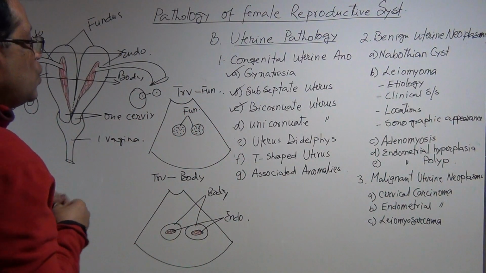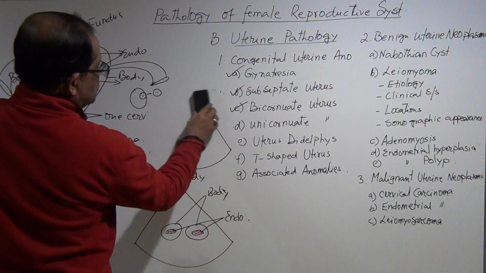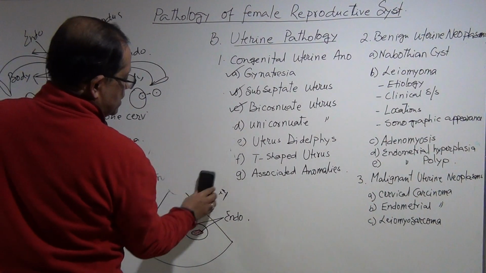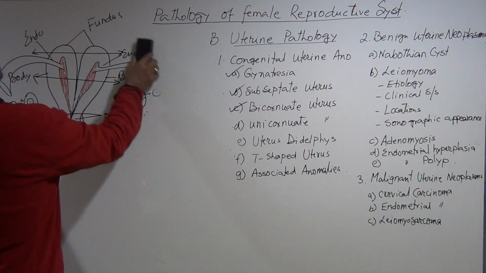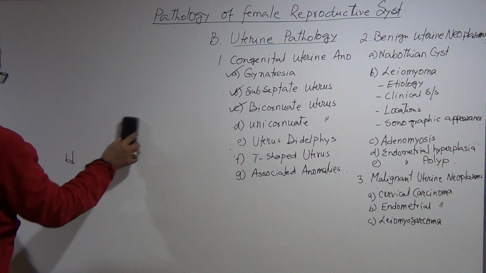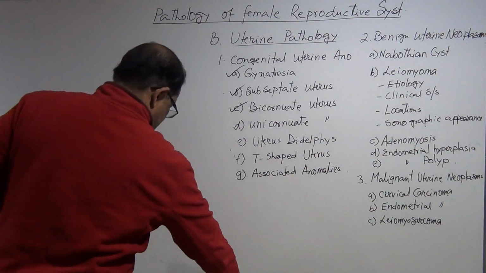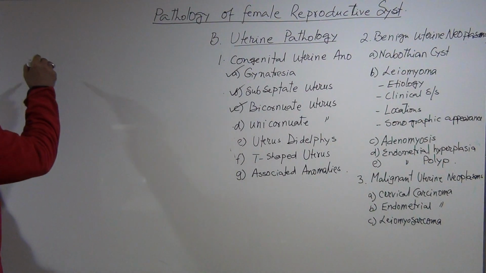So now let's go over the unicornuate uterus. Uni means one. That means only one paramesonephric duct, one Mullerian duct, is developed.